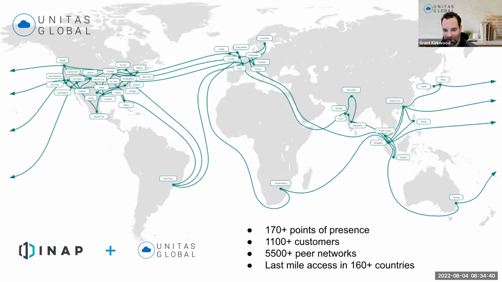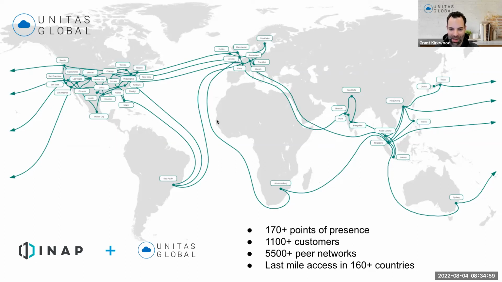So there's over 5,500 other networks that we interconnect with around the world. I think Doug saw some of that in the variety of providers that came up in the market analysis. But that's what drives performance for our customers.